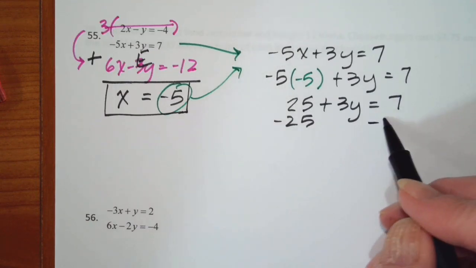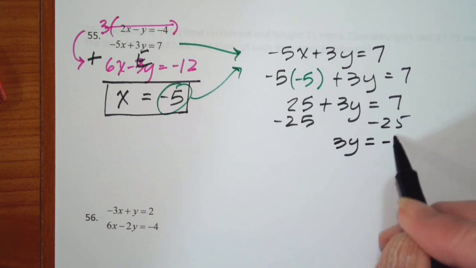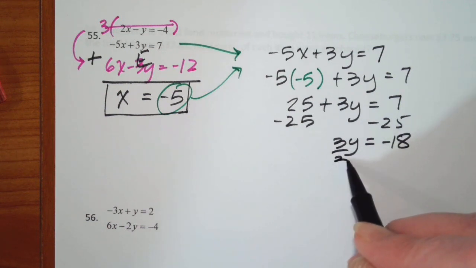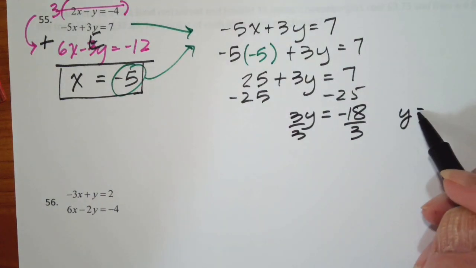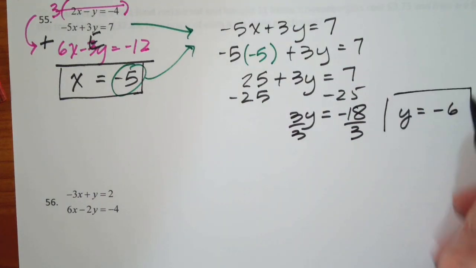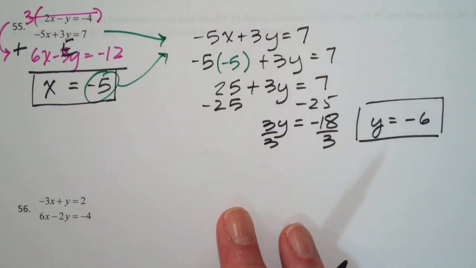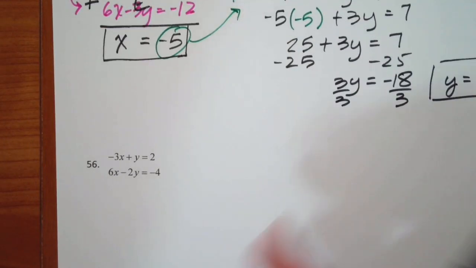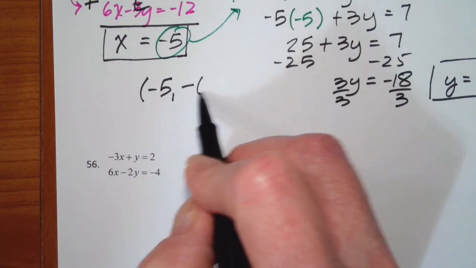If I subtract 25 from both sides, I get 3y is equal to negative 18. And I finally get that y is negative 6. So if I do this as an ordered pair, it is going to be negative 5, negative 6.